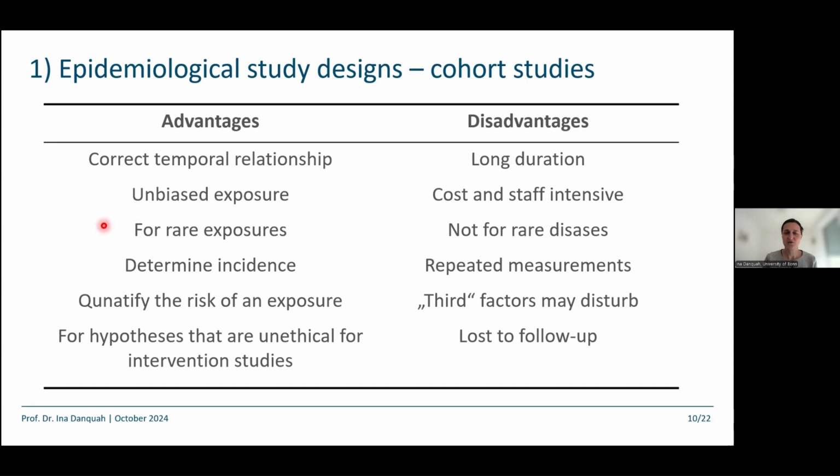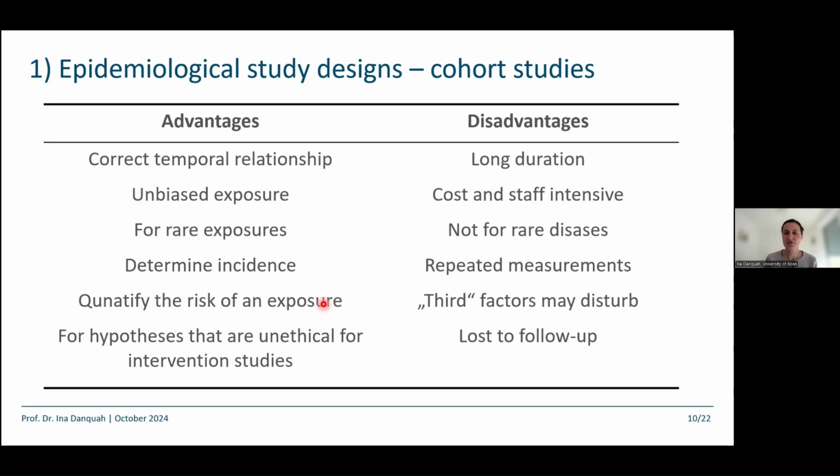Cohort studies are also very helpful for rare exposures. So if you think about environmental exposures, such as at the workplace, those kind of studies have actually started among workers who were exposed to specific contaminants or pollutants in their workplace environment, for instance.